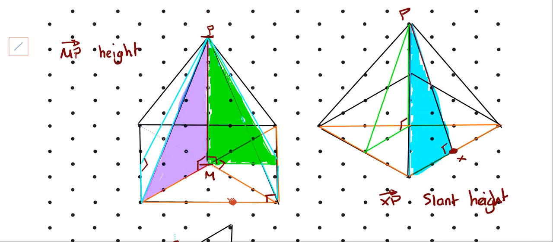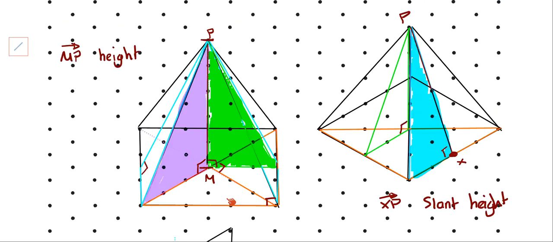So not the top point, but the back, is that the back point? Me, I'm visualizing in my head that X is coming towards me, but to the right hand side. So for me, this is the back of the pyramid, and this is the front of the pyramid.